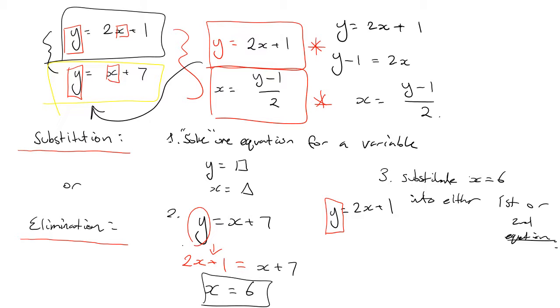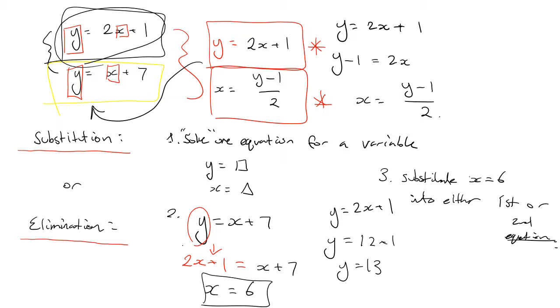Let's substitute it into the first equation. So y equals 2x plus 1. If I substitute x equals 6, we get 2 times 6, 12 plus 1, so y is 13.